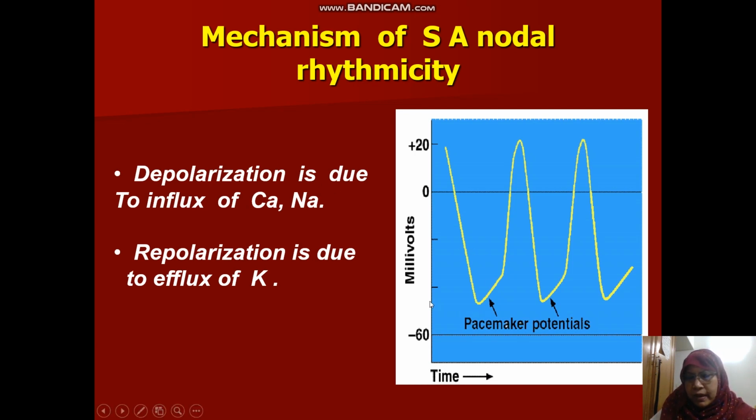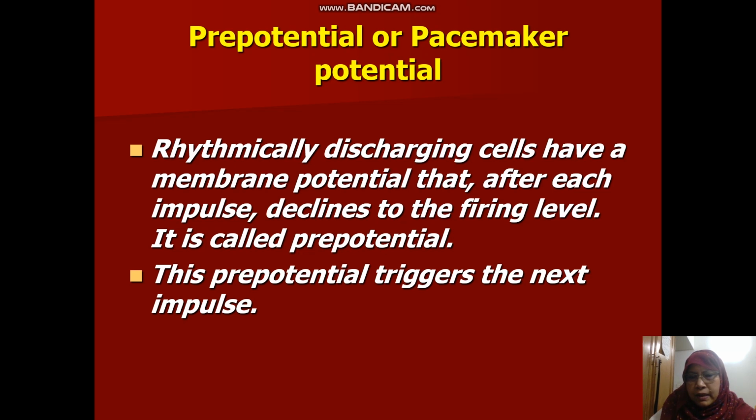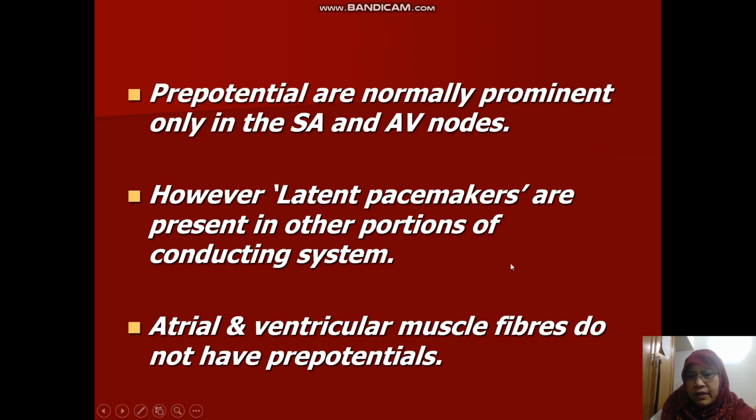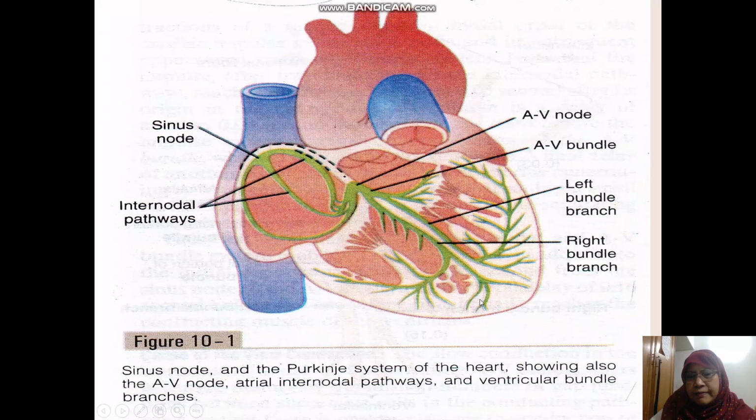When its resting membrane potential is minus 55 to minus 60 millivolt, as it is leaky to sodium and calcium ion, sodium and calcium enter into the cell, and the resting membrane potential becomes minus 40 millivolt. This is the firing point, and this pre-potential is present in SA node and AV node, but absent in atrial and ventricular muscle.